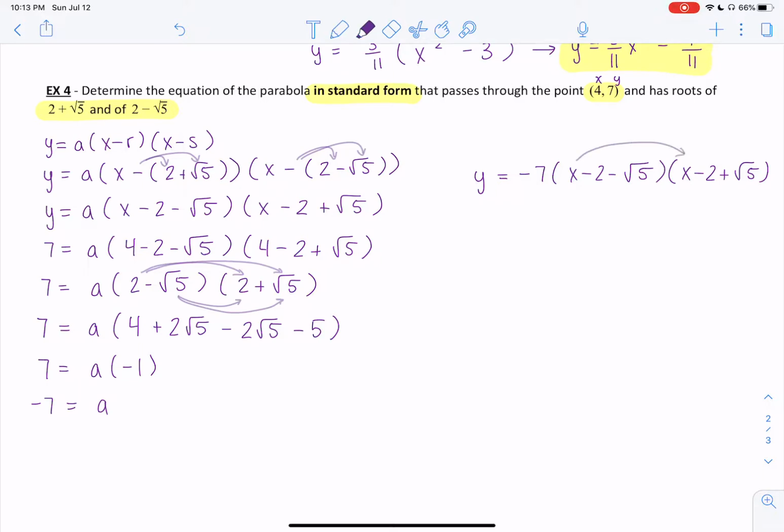I'm just going to start by multiplying this x by everything, and we're going to have to do that for the whole thing. Now with the negative 2, sorry, this is getting a little bit messy. I'll try to do it one at a time so you can see what I'm doing.